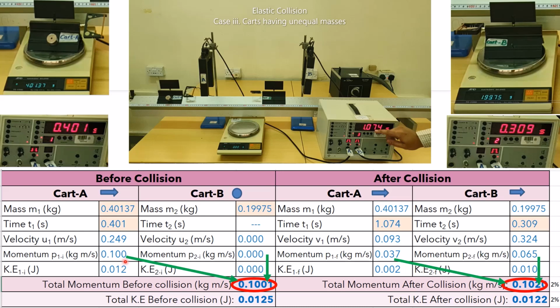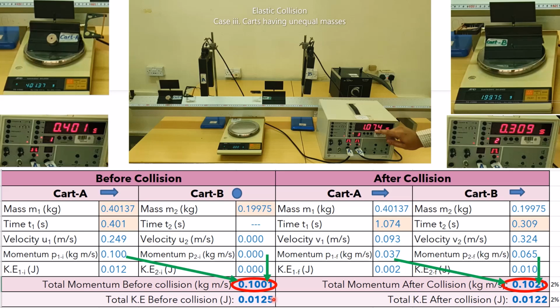That is, the sum of the 2 momenta of these 2 carts before the collision should be equal to after the collision. Before the collision the total value is 0.1001. After the collision its value is 0.1020, almost close.